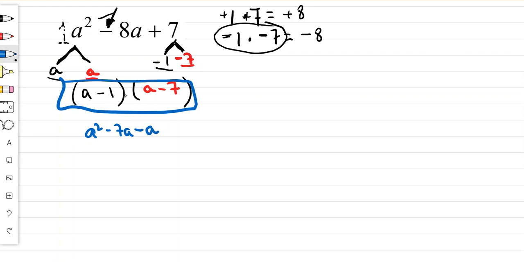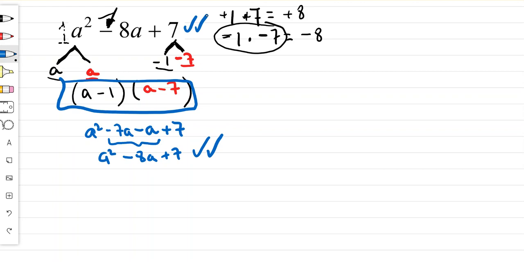And if I take negative 1 and multiply it to negative 7, I get positive 7. Look in the middle. Always look in the middle. If I have negative 7a and I combine it with a negative a, I get negative 8a. Here's the 7 on the right side, and here's the a squared, and this double checks. That's how I'm certain I have the right answer.